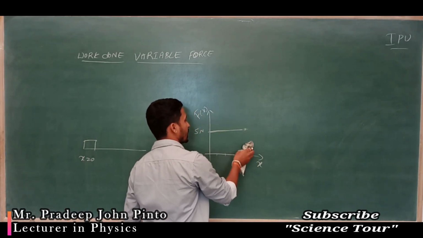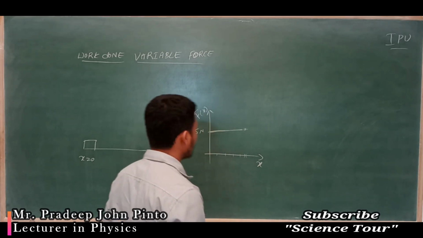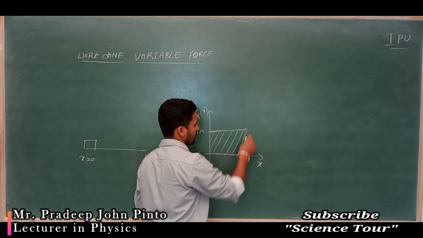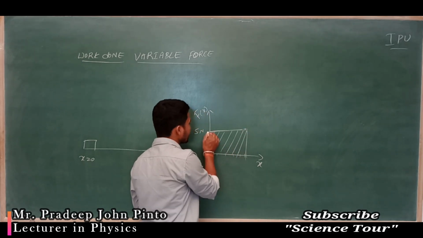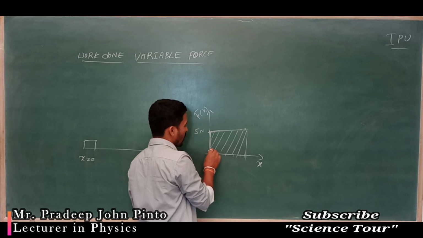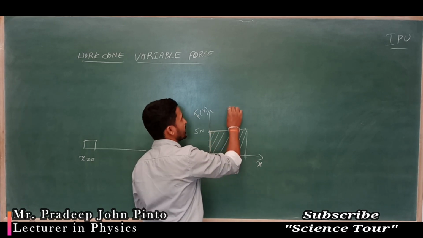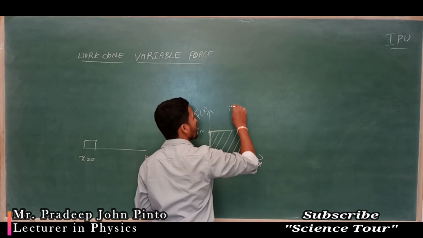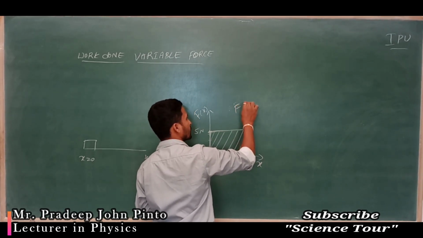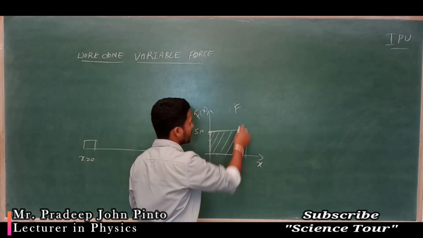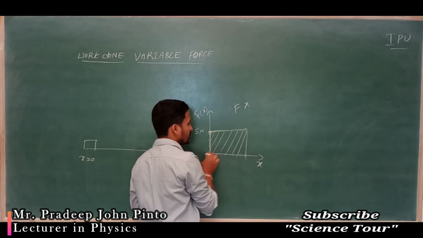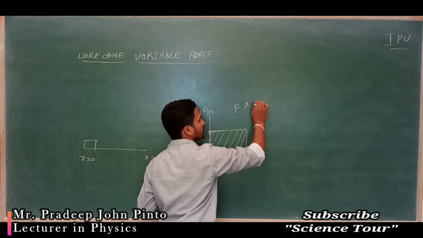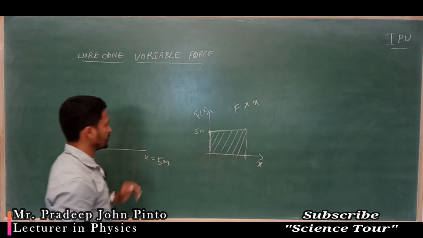Now, what is the area under that curve? The area is nothing but this much. What is this height? It is F. The area is F into this much, the length into breadth. The length will be how much? 5, till 5 meter you have used.